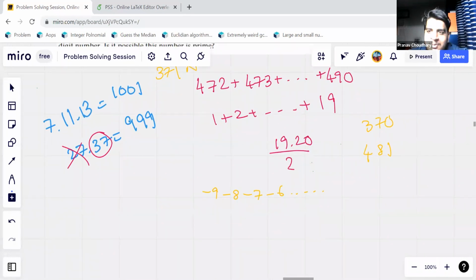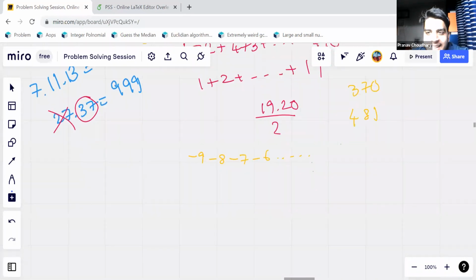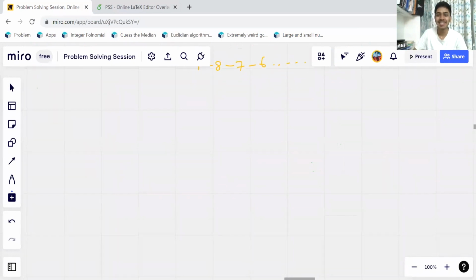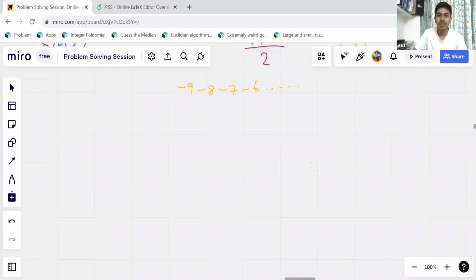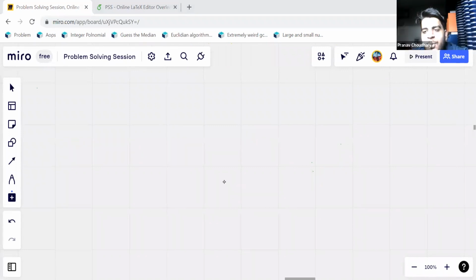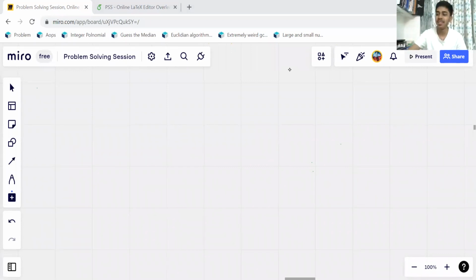Nice idea to look for 37. I told you 19 is halfway. It was nice of them because you didn't have to actually add for 37. Why would you look mod 37 in general?